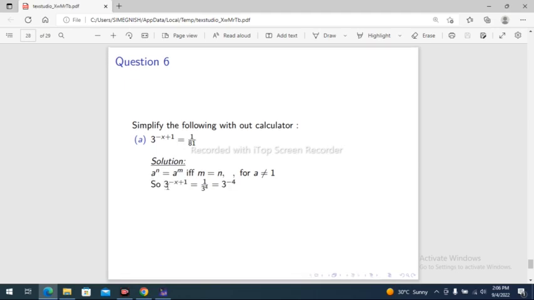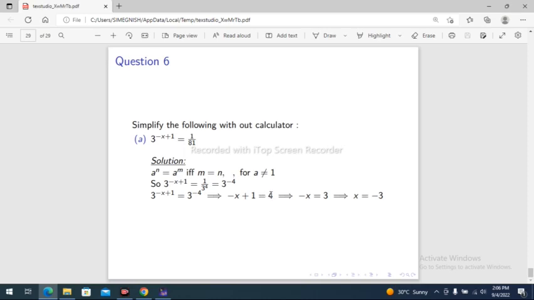So we have 3 to the power of this one, and 81 can be written as its prime factorization, which is 3 to the power of 4, so 1 over 81 is 3 to the power of minus 4. Then applying the rule, we get minus x plus 1 equals minus 4.